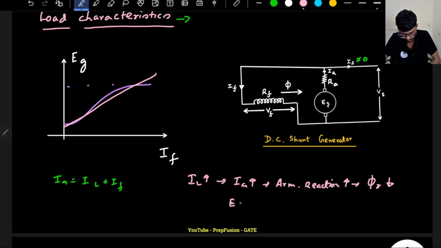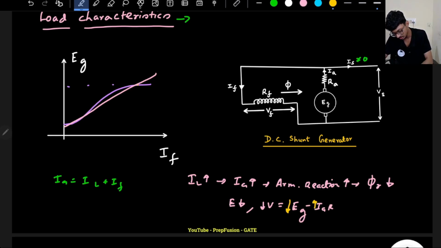If the resultant field decreases, the induced EMF reduces, because induced EMF is proportional to the resultant field. If induced EMF reduces, the voltage will reduce. Voltage equals E minus IA RA. So voltage will reduce both due to EG reducing, as well as IA increasing, which is in subtraction.